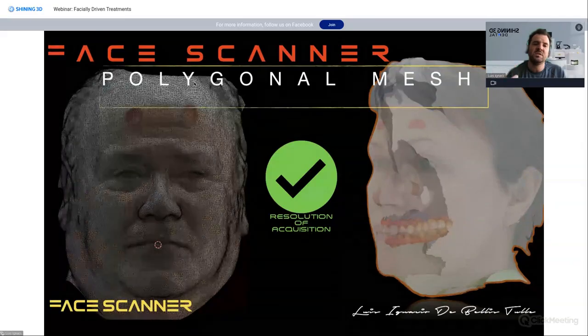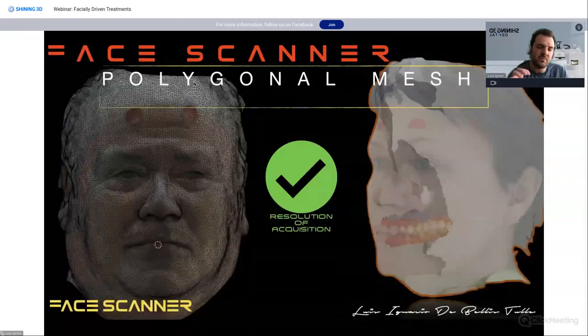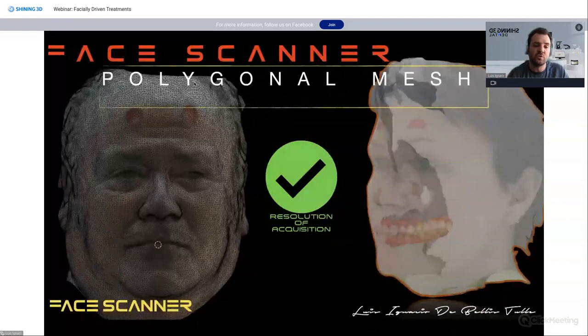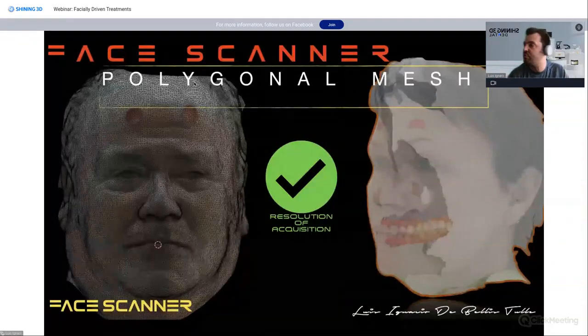Because the facial scanner that I'm using has an internal light that is going to hit the face of my patient, and it's going to recreate the ideal environment. So that structured light is going to do the job that I don't want to think about in the post-processing.